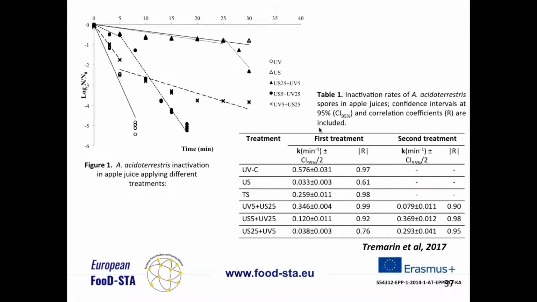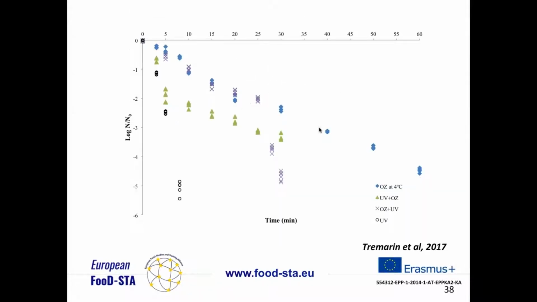And we studied the kinetics of inactivation of these spores under different conditions. And these models can help to define the best conditions for one of these treatments, ultrasounds, UV or ozone, or combined treatments.